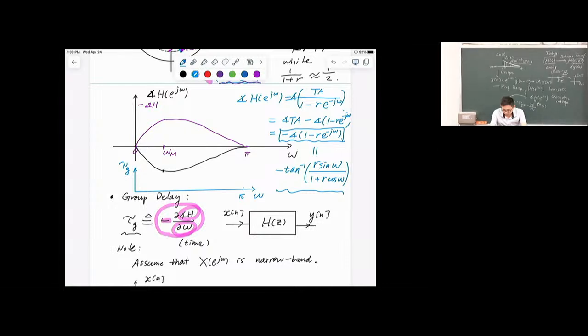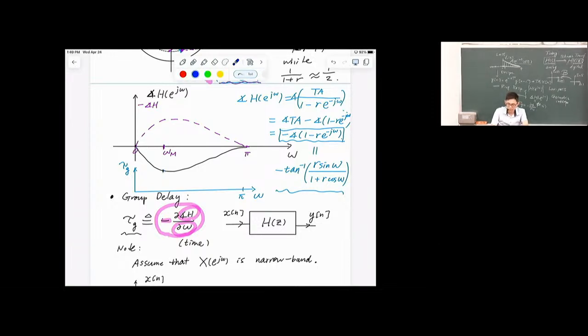Actually, let me make it a dashed line. So we should be looking at the black, not the purple. With the negative sign now, tau g, the phase response really is below. Here is our phase response. In this case, it's always negative, reaching the maximally negative point at the frequency right there.